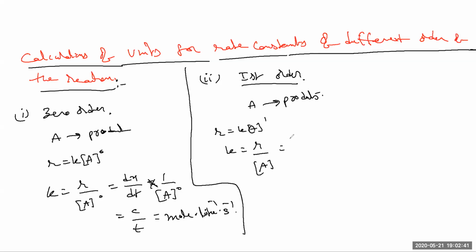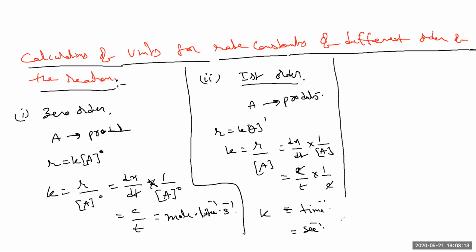So what is R? dx by dt, that is C by t, into 1 by C. It is also molar concentration now. That means C cancels. So what are the first order rate constant K units? Only time inverse, that is second inverse. Understood, students?